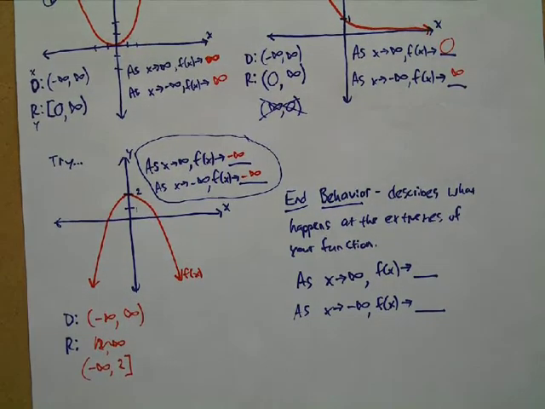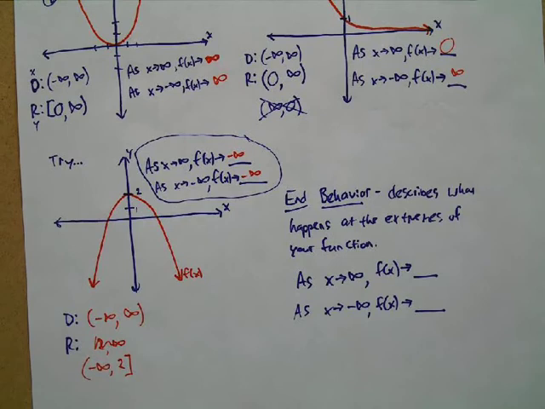So, if you want to try and be efficient in how you write this, sometimes you can combine these things together. For example, here, you could say as x approaches plus or minus infinity, f of x is going to approach negative infinity.